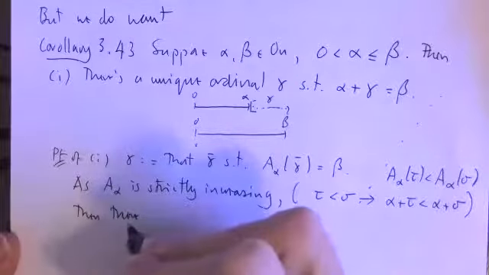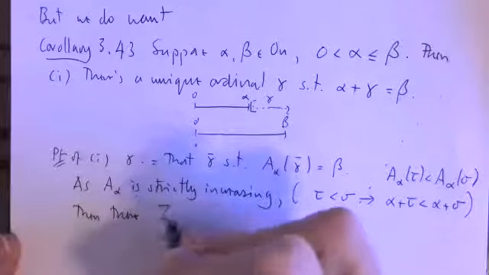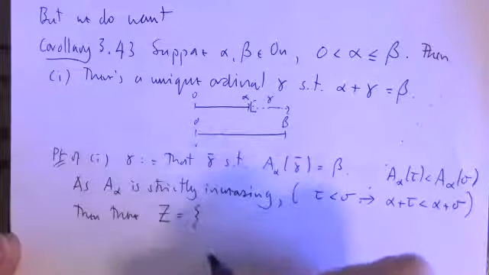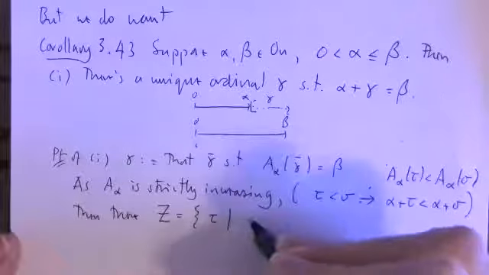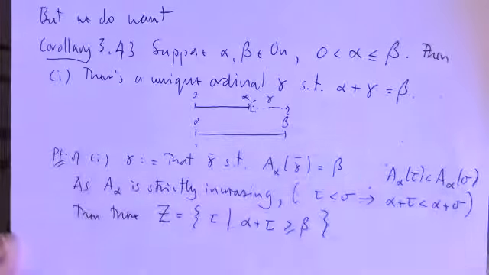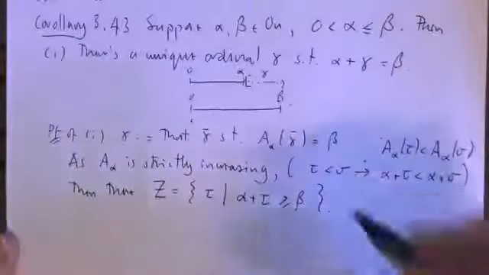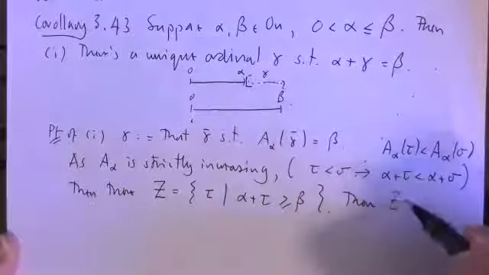Then we can look at the class Z. This is the collection of taus such that alpha plus tau is greater than or equal to beta. Then Z is not empty.